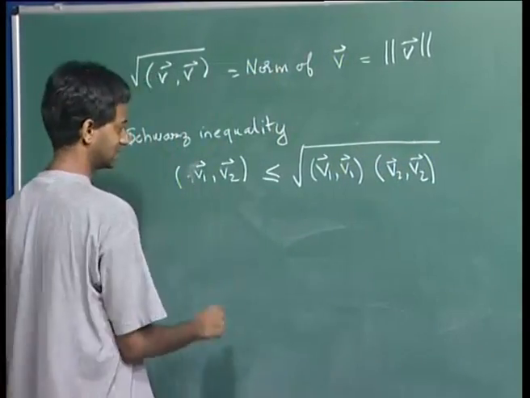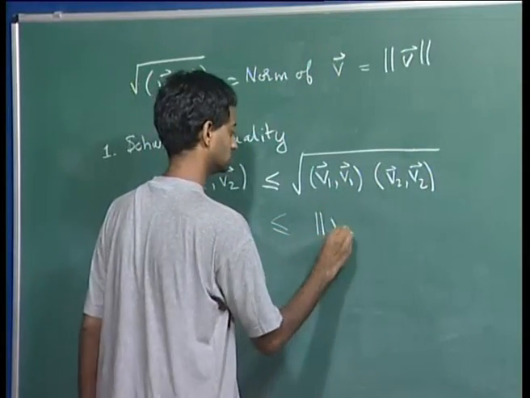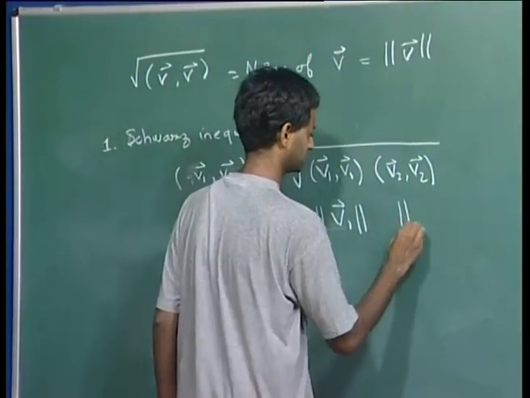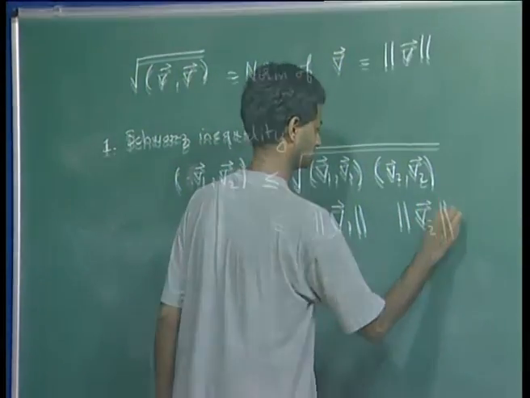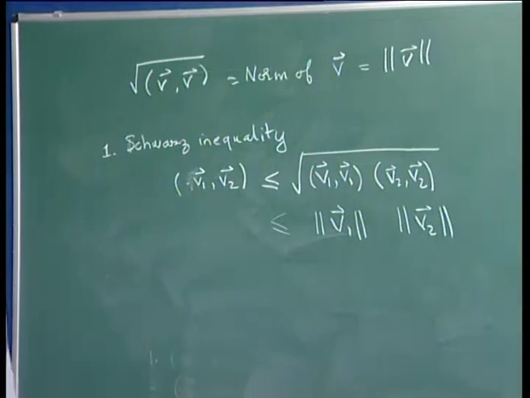In other words, it is less than or equal to the norm of v1 times the norm of v2, and this is called the Schwarz inequality. This is true for any inner product space.